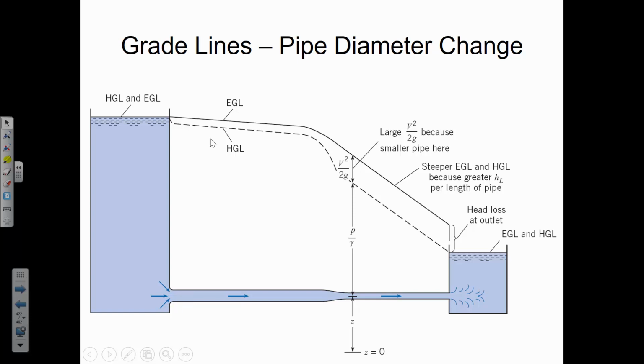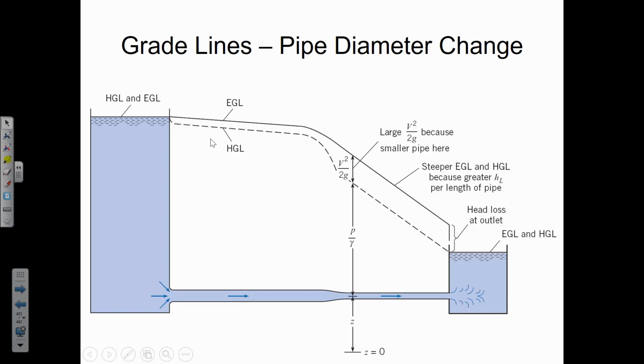Now, drawing this is an art, something you have to learn by experience. The way that I usually would do it is start at the end, where you know it has to be kind of a steep line, and then you start at the other location where you know where the EGL and the HGL should be, and it should be not quite as steep. So you have both of these lines beginning, and then you just try and make them match up eventually.